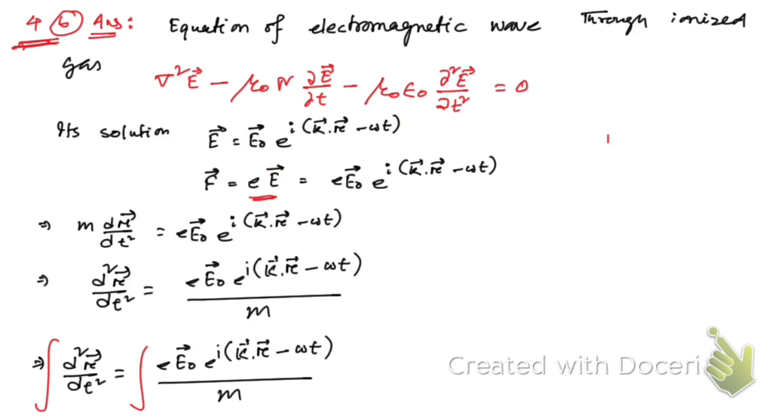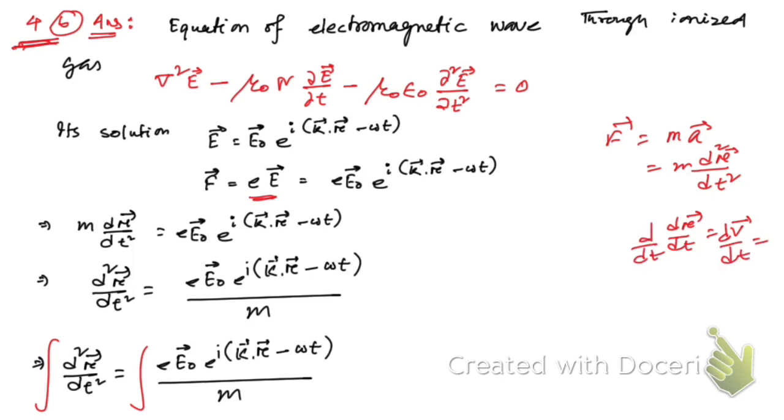Now you see that force is equal to mass into acceleration, and acceleration is given by the second order derivative of the position vector with respect to time. Hope you know these things. The first order derivative of the position vector gives velocity, and if you take the second order derivative, it gives you acceleration. This is nothing but this one. Hope you have understood this.